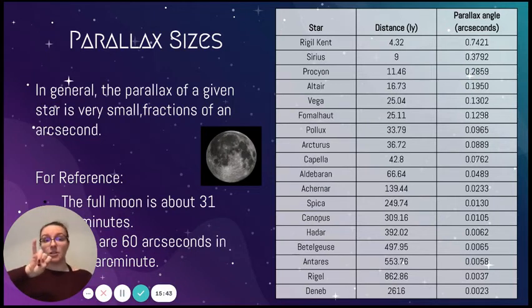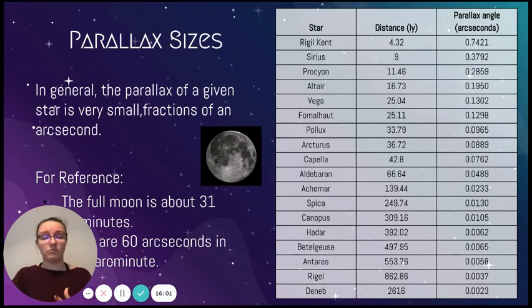Break your pinky up into 3,600 little sections. Those are each 1 arc second. And here, this star that is only 4 light years away from us has a parallax angle of less than 1 arc second. So these are tiny, tiny numbers.